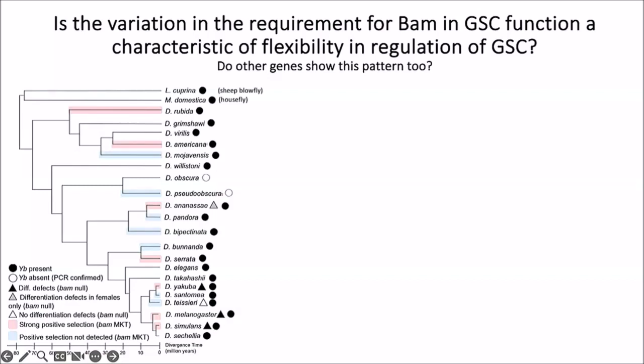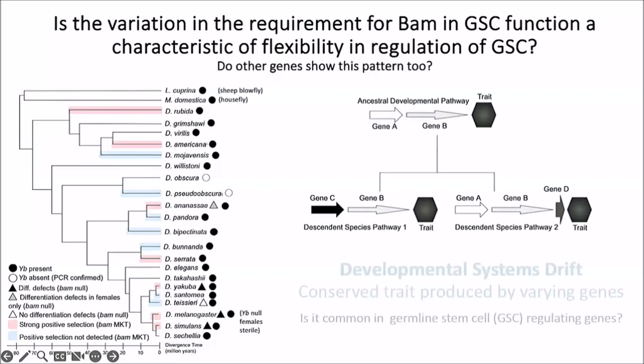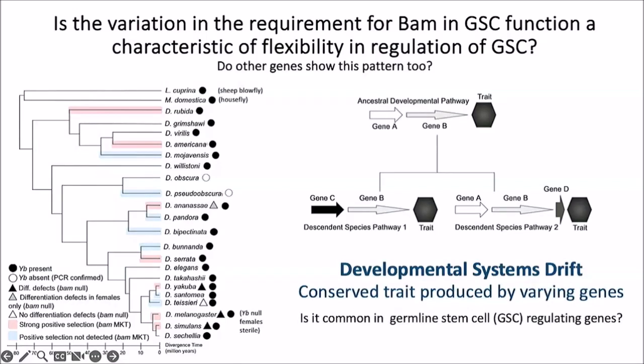And so we're now in the process of looking at a whole bunch of other species to see if this is an example of essentially genetic redundancy, what some developmental biologists refer to as developmental systems drift. We have the same phenotype being required, production of gametes, males and females, across all these different species. We have to do that, but maybe we've got different combinations of genes that contribute to that in different species.